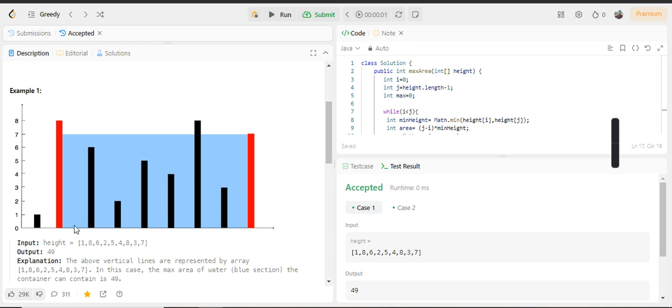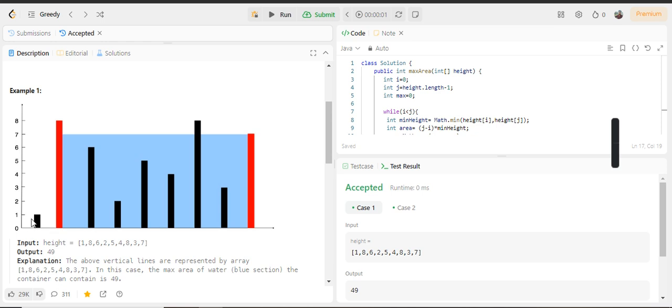Then we start moving either the left side or the right side, depending on which is the smaller height, and while doing that we also store the area. In order to get the area, we take j minus i, which gives the length, and the height is the minimum of the two.